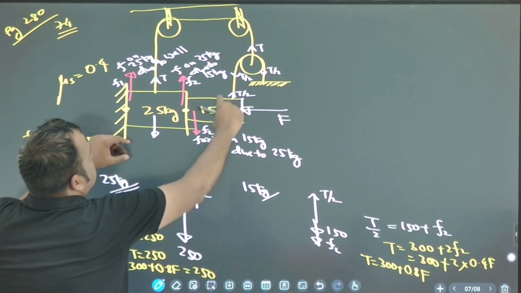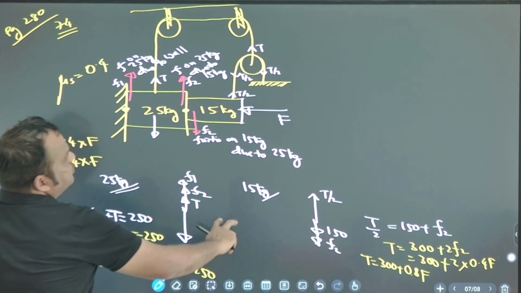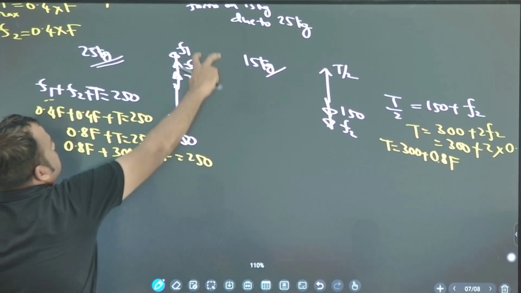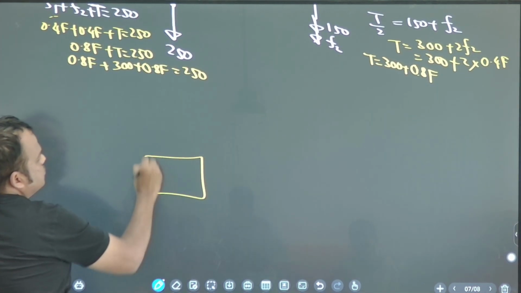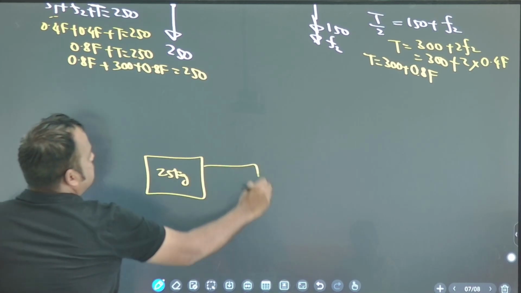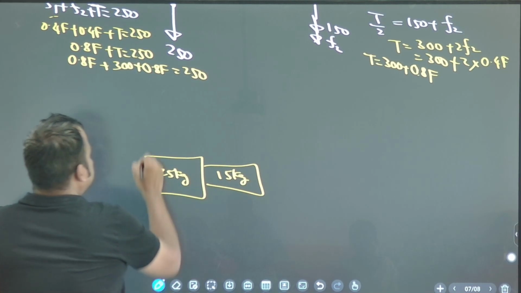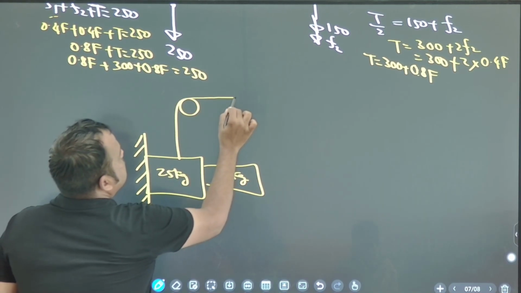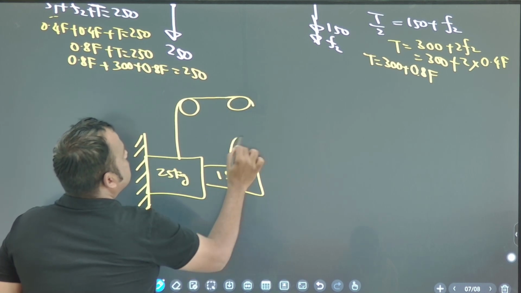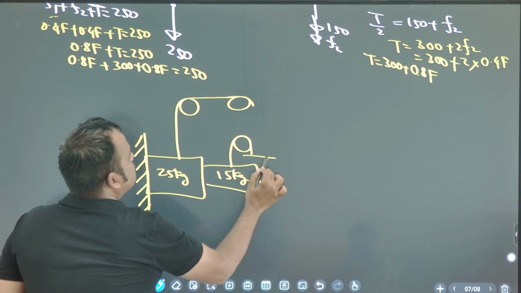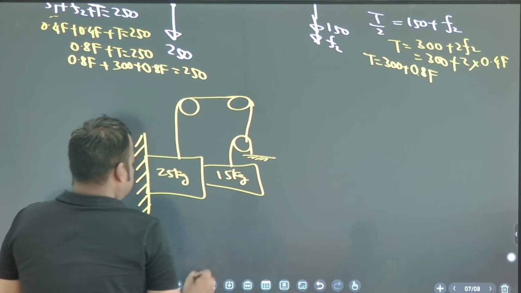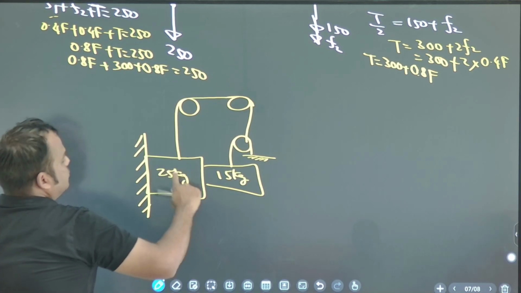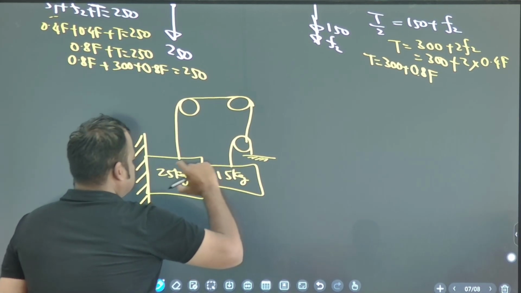So that means this is going down, this is going up. Okay, let's solve. This is going down, this is going up. Now solve again. This is 25 kg, 15 kg. This is going up, this is going down, this is going up.